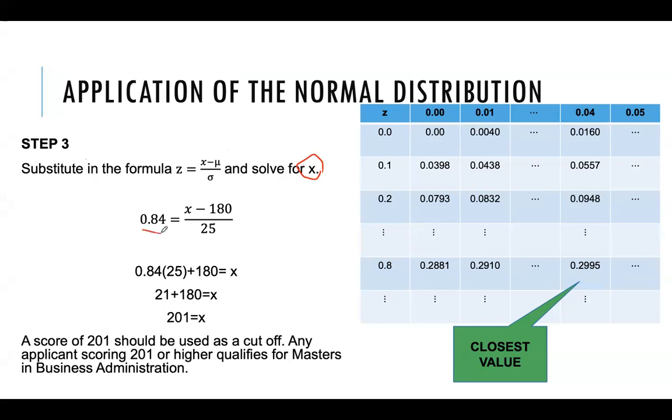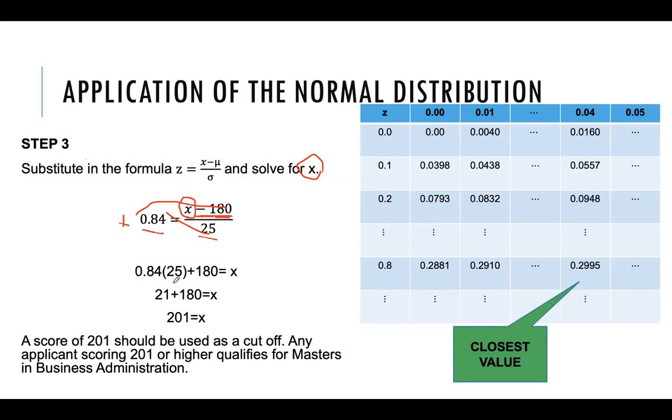Given the Z value of 0.84 equals X, which is what we need to find, minus the population mean of 180, divided by the population standard deviation of 25. Multiply by 25 so that only the numerator remains. Then move the negative 180 to the other side so it becomes positive 180.